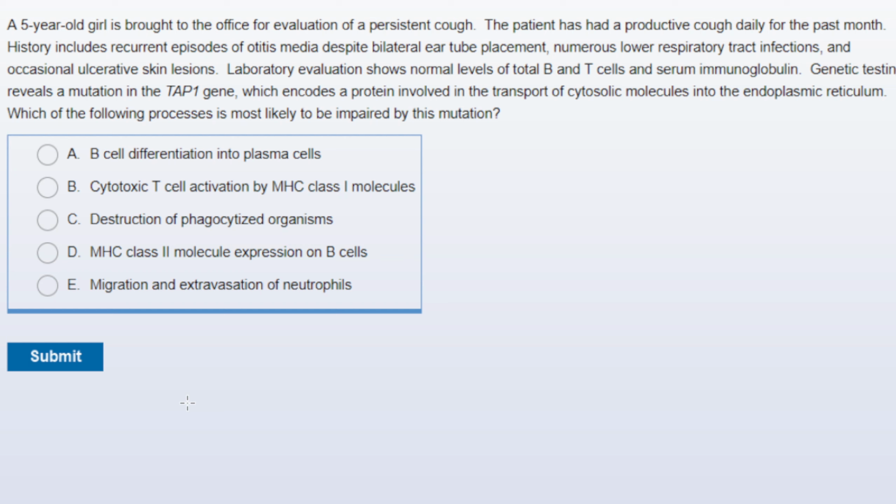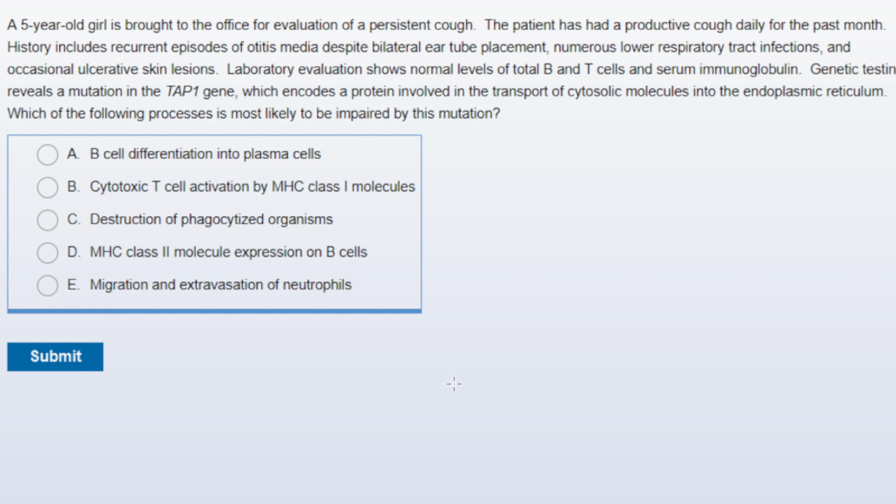It sounds familiar. Which of the following processes is most likely to be impaired by this mutation? The options are B cell differentiation, cytotoxic T cell activation by MHC class 1 molecules, destruction of phagocytosed organelles, MHC class 2 molecule expression on B cells, and migration and extravasation of neutrophils.